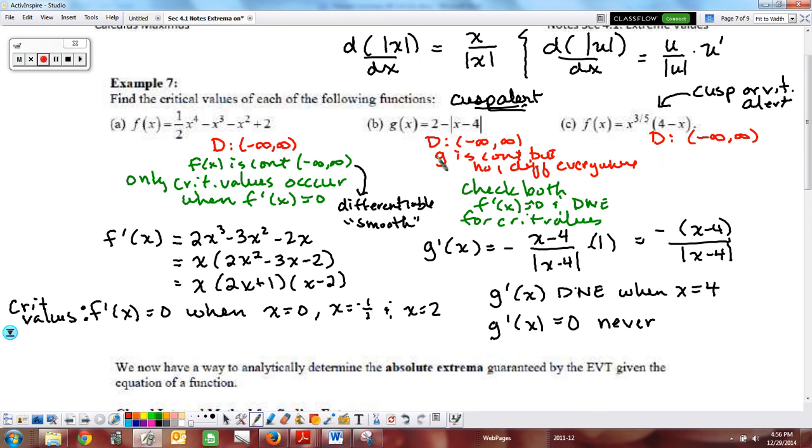Some of this I know for easier functions, maybe I don't know for this one. But we're going to use the derivative to help us determine really what's going on. So we're actually going to check both f prime of x equal to 0 and DNE. And as always, I always forget what letter I'm using, so I'm going to come back and fix that to be g prime of x. Always important.